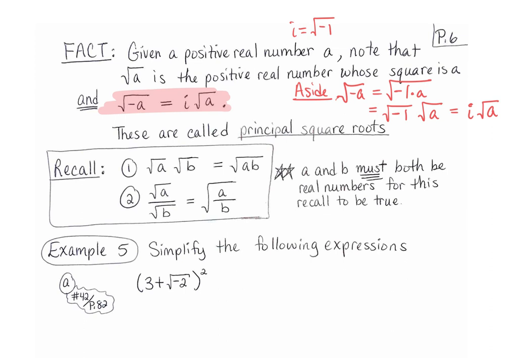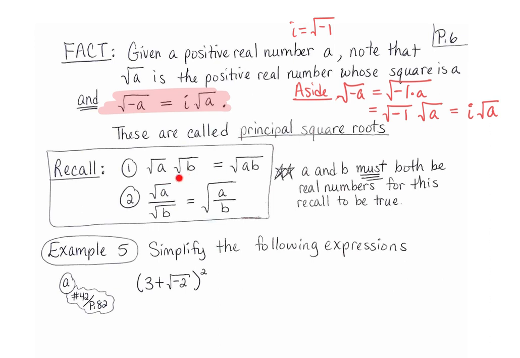So some things you need to recall from classes prior to this class. The square root of a times the square root of b is equal to the square root of a times b. a and b must be real numbers for this to be true. That's important.